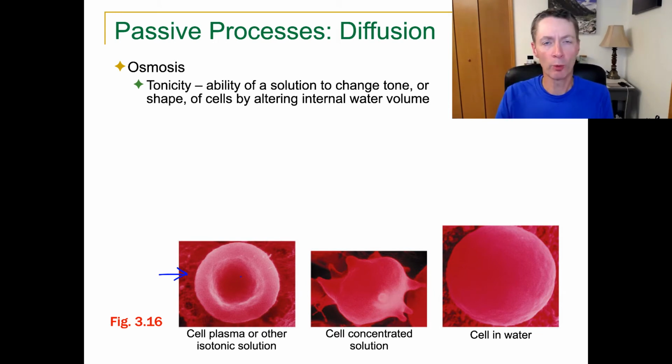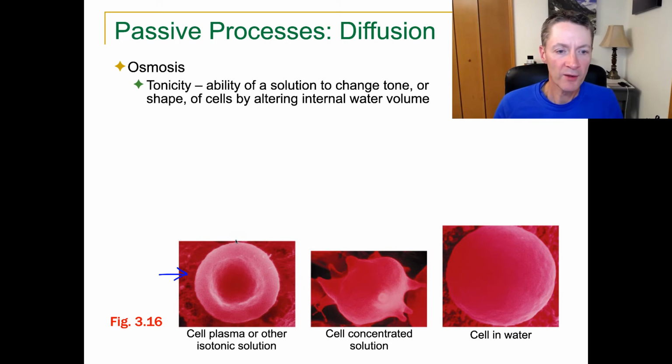The hydrostatic pressure would rise within a cell. And if we have a lot of water leave the cell, we would expect for the cell to shrink up, right? Not to look right after it lost a lot of water. So what we hope is that water is not going to move freely into the cell too much, and it's not going to move freely out of the cell too much.